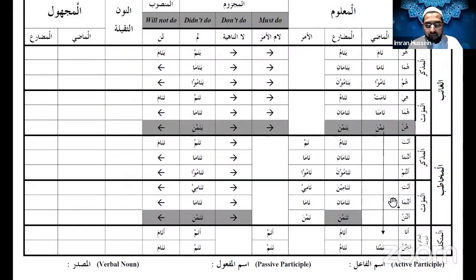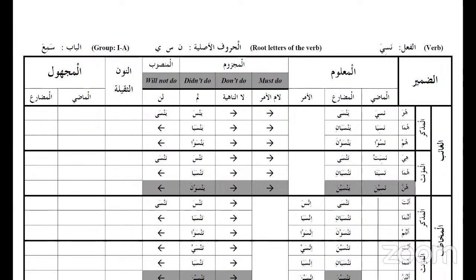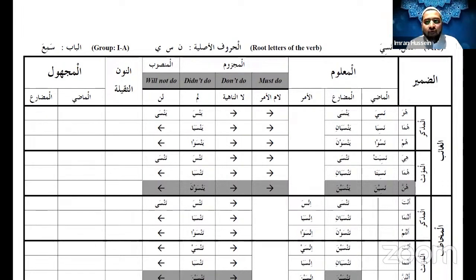Okay, thank you. But this form you have sent us, I've gone through and I saw Bab Sami'a, it was Nasiya. Yes, that is right. So Nasiya is coming on the pattern of Sami'a, and also Nama, Yanamu is coming on the pattern of Sami'a as well.